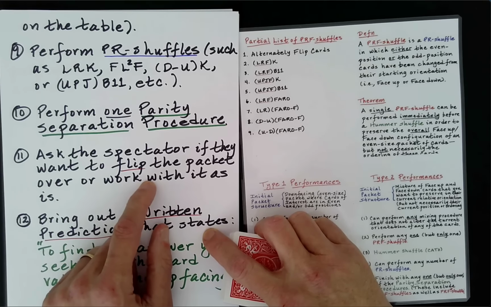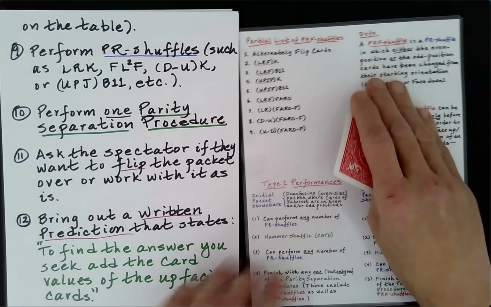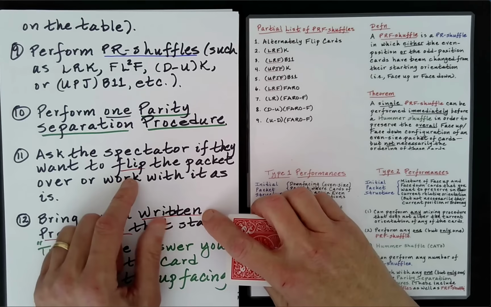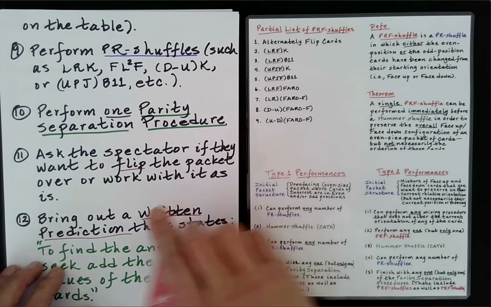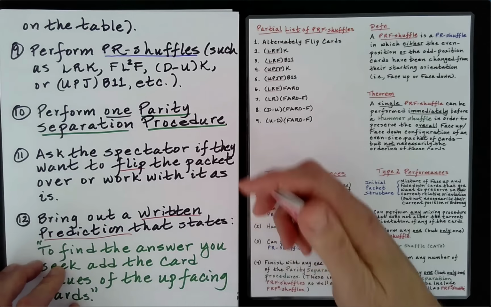Honestly, at any point anywhere in this entire performance, because 2 cycles, mirrored structures, AMPs are invariant under packet reversal, and also the Hummer sequence or the Hummer mixing is essentially invariant under packet flips. So sorry about that. That should have been earlier.